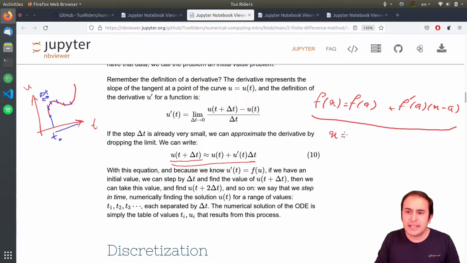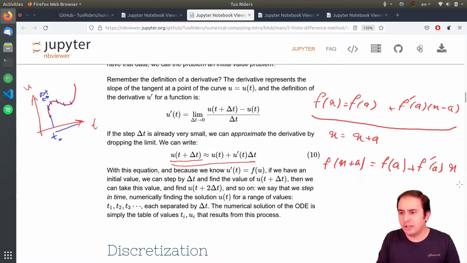And then if you say that x, instead of saying x, you can say x plus a, and then it becomes like this: f(x plus a) equals f of a plus f prime of a multiplied by x. This is how it becomes.